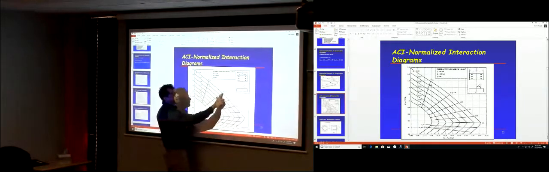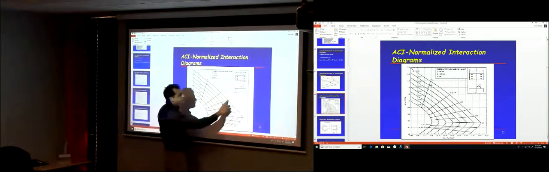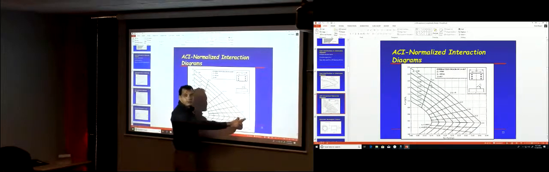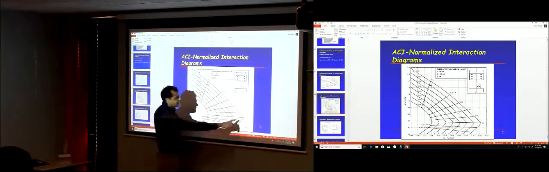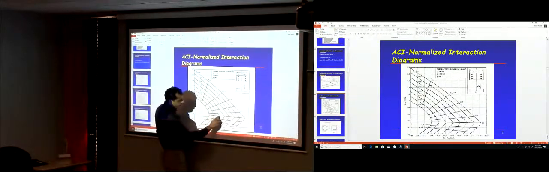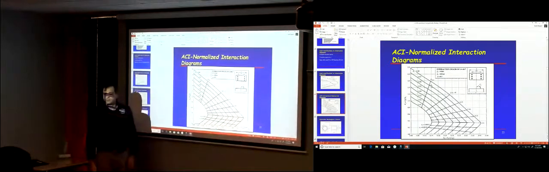Here it's 0, so the stress in the tensile steel is 0. Here it's 25% of fy, 50% of fy, 75% of fy. Here it's 100% of fy. So this is the balance point. Any point on the curve along this line is the balance point. Okay?